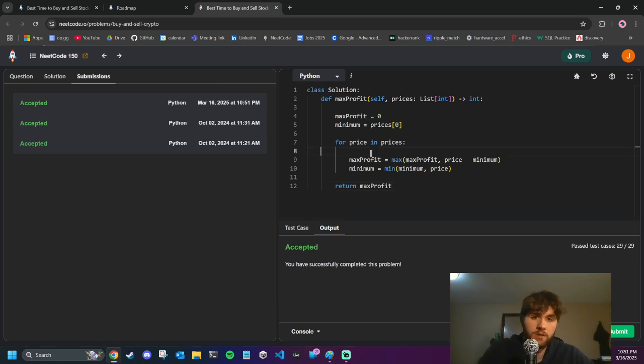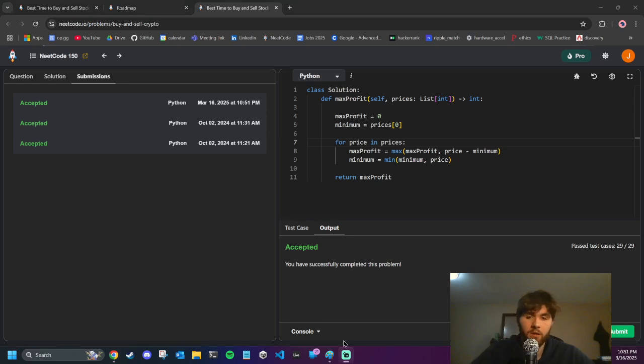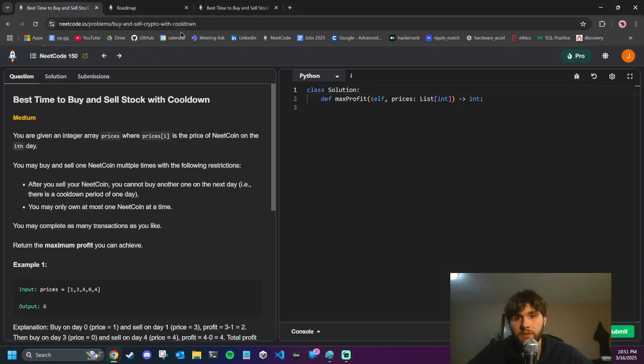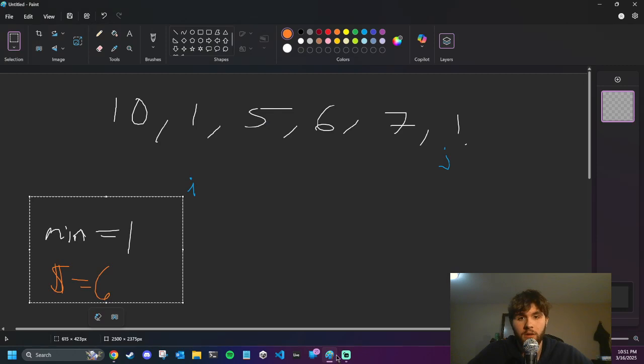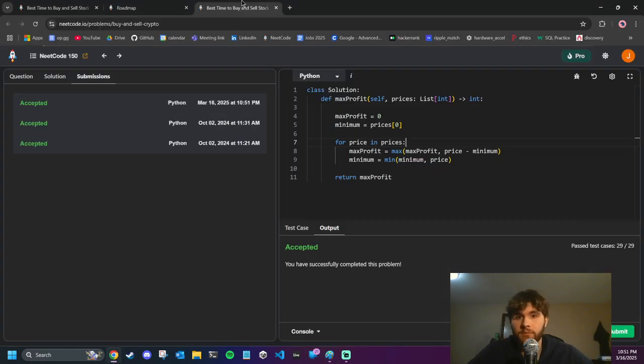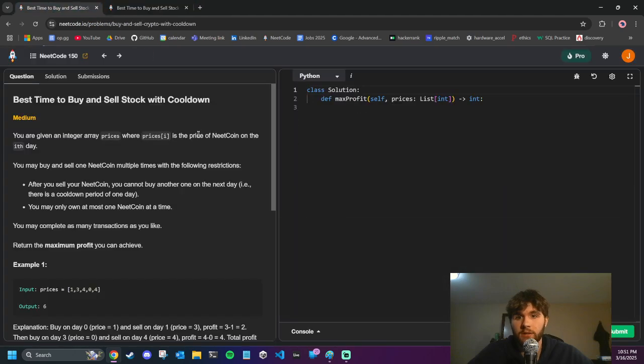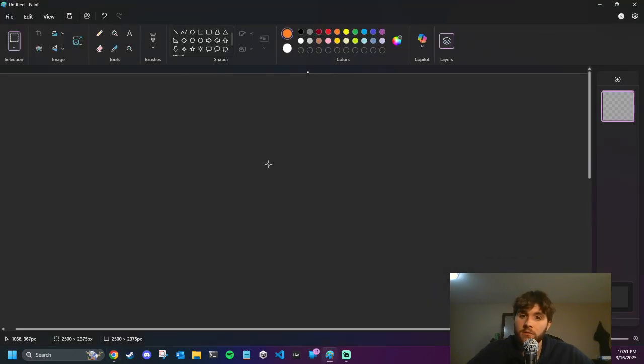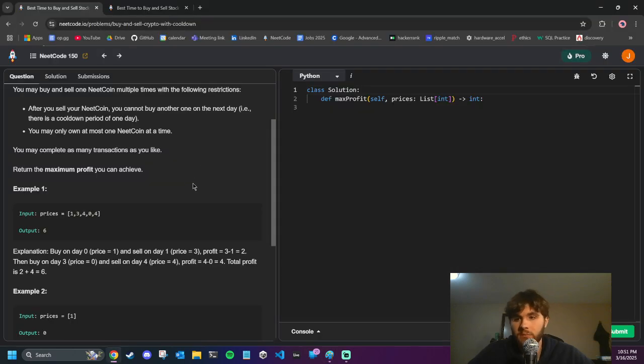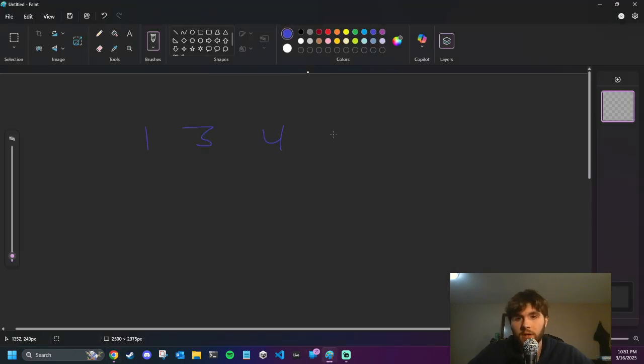Okay, so this solution is O of n. So is it possible that we'd be able to do it for every subproblem? So I'll keep that there. So now we have an answer to being able to solve a subproblem. So if we have 1, 3, 4, 0, 4, we could figure out every subproblem.